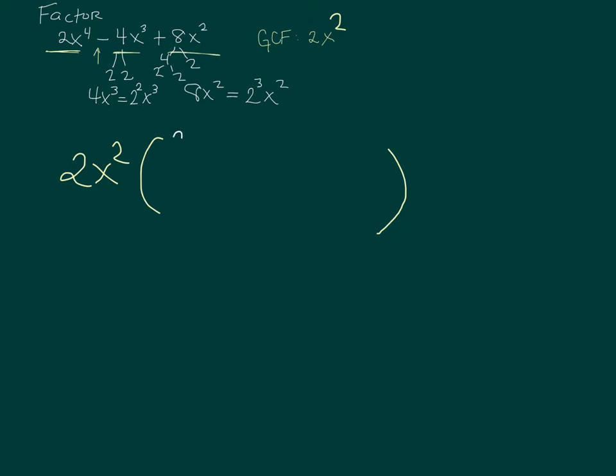So I've got 2x to the fourth. This is where I'm going to put those signs back in. 4x cubed and 8x squared. Now, what I'm going to do is divide each of these terms by the GCF.